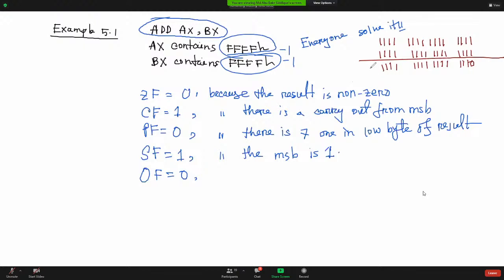Look, you get a carry here. The carry is not stored in the result, so it will cross out. After that, if you calculate the signed value of this number, what do you get? Minus 1, sir. What is the signed value of this result?